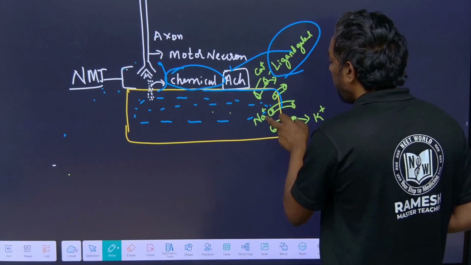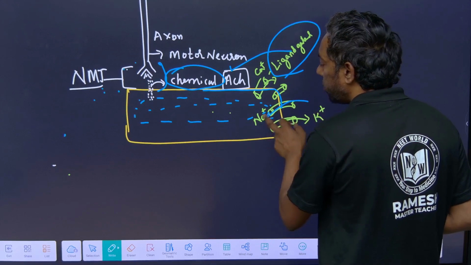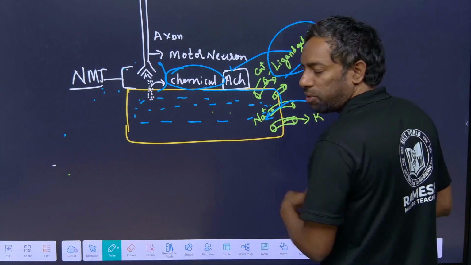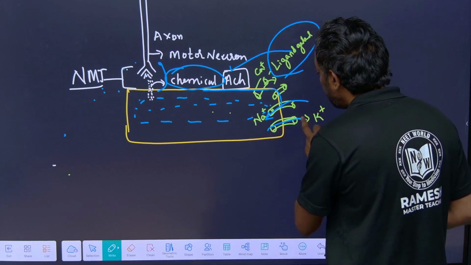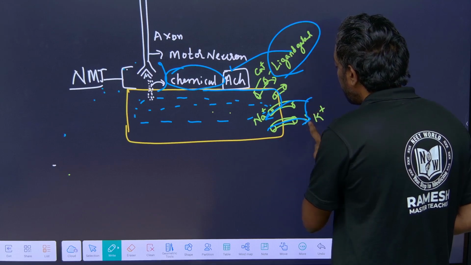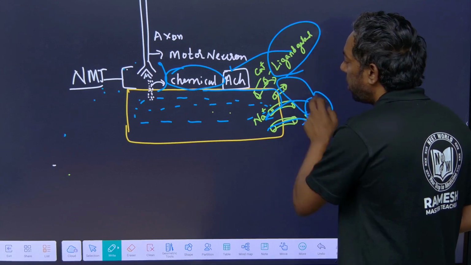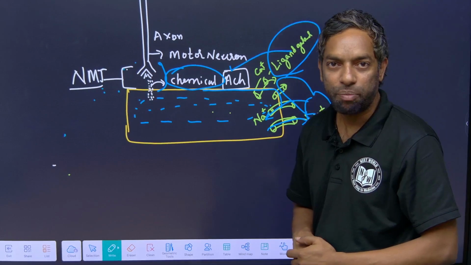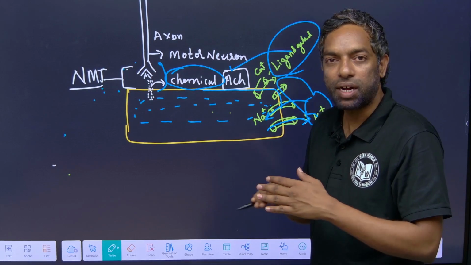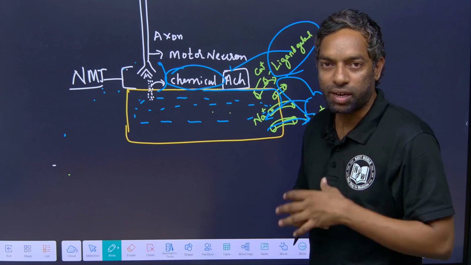Huge amounts of sodium ions enter the muscle and potassium ions exit. The leakage gated channels also open when the ligand gated channel opens. This is how the signal passes throughout the muscle for contraction.